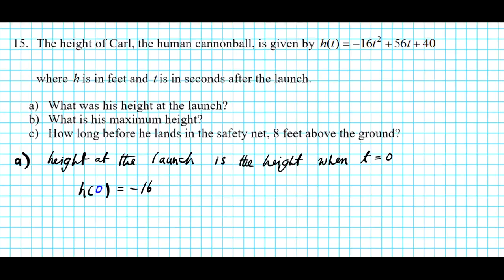So you have negative 16 times 0 squared, inputting 0 for the t, plus 56 times 0 plus 40. Okay? Simplifying this using the order of operations, we have 0 plus 0 plus 40. Final answer is 40 feet.